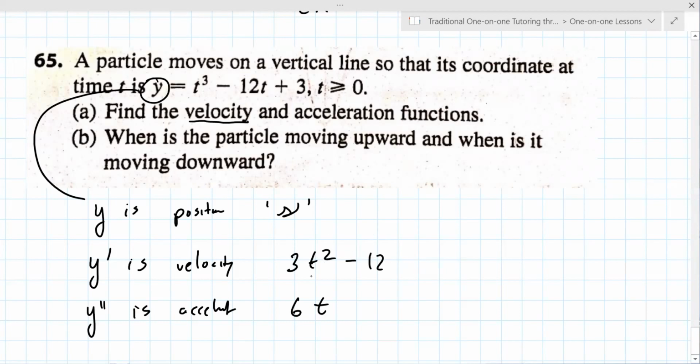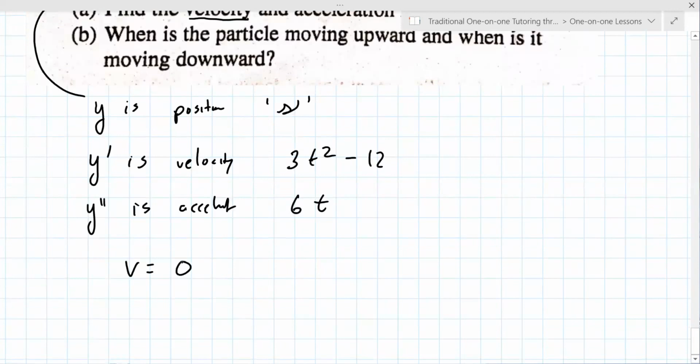This one, not so much. Now, it doesn't ask it here, but I'm going to ask you, when does velocity equal 0? Or it might say, when is it not moving? That's what velocity equals 0 means. It means the same thing as if it says, when is the particle not moving?